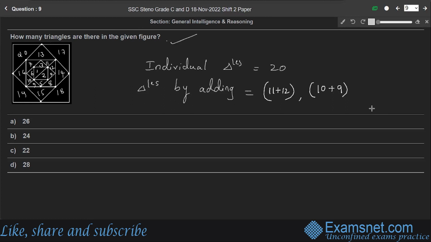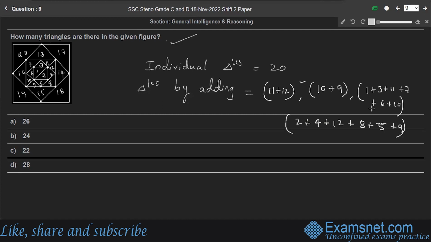Then we have the triangle adding 1 plus 3 plus 11 plus 7 plus 6 plus 10. By adding all these small triangles, we get a big triangle. And we also get a triangle by adding 2, 4, 12, 8, 5 and 9.